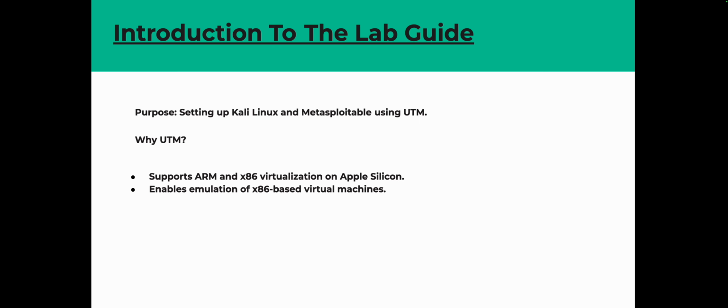So we're going to set up Kali Linux and Metasploitable using UTM. So why UTM? You might have heard of things like VirtualBox or VMware, even Parallels if you're a Mac user. So why do we use UTM? First of all, it supports ARM and x86 virtualization on Apple Silicon.